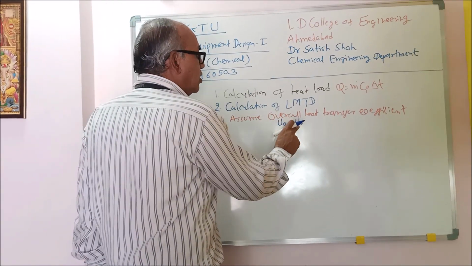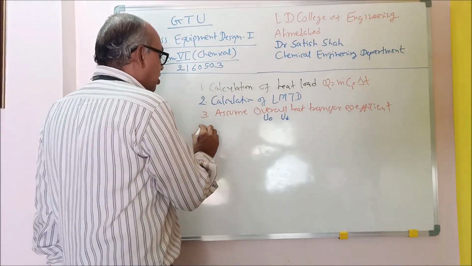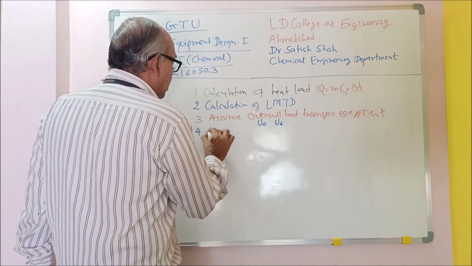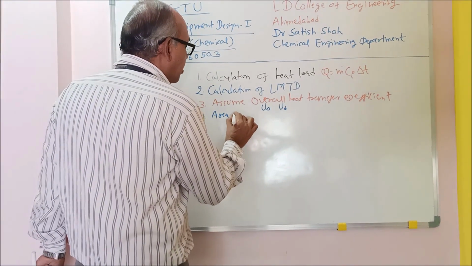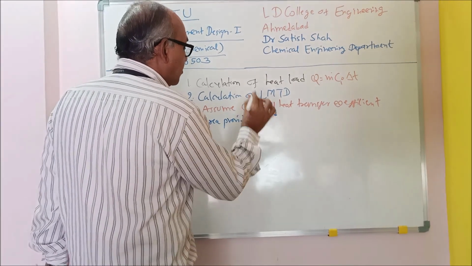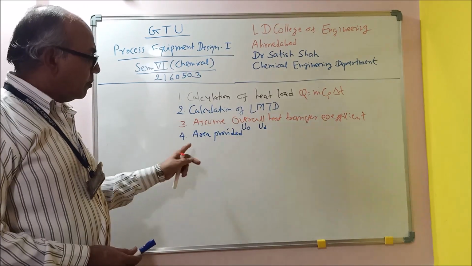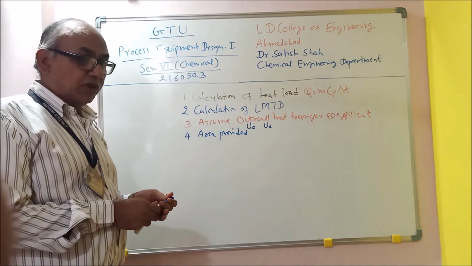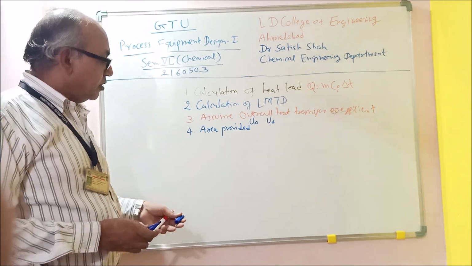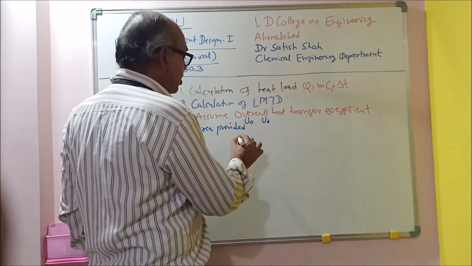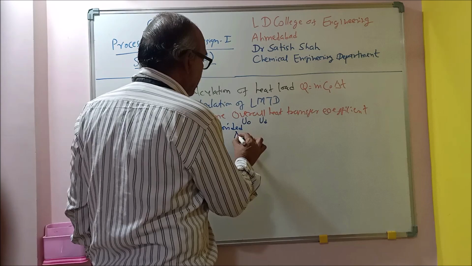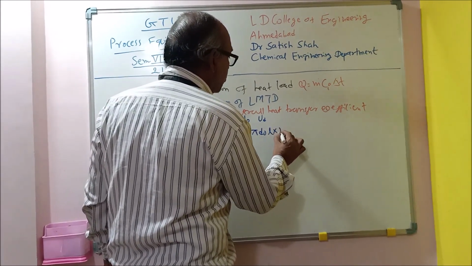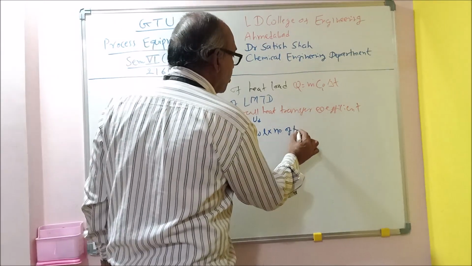So once you know the overall heat transfer coefficient, our next step is you will calculate the area provided. Area provided is the surface area of heat transfer, and you will calculate it using the formula: area provided is equal to pi DO L into the number of tubes.